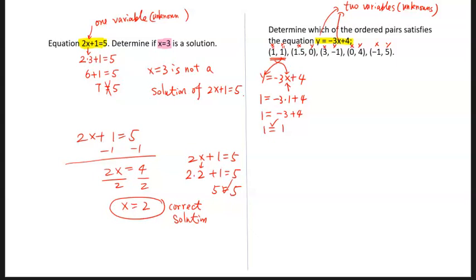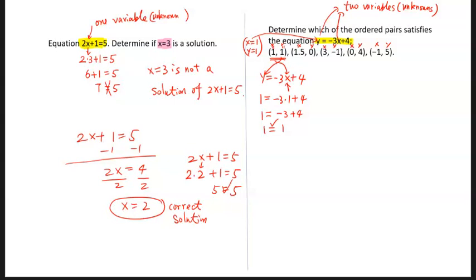So yes, 1 and 1, or if you rewrite it, x equals 1, y equals 1, these two together is a solution of that equation. Because the equation has two unknowns, we have to find numbers for both unknowns. Similarly, we can plug in the other pairs into the equation to check whether these are solutions or not.